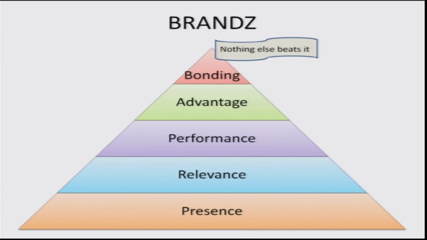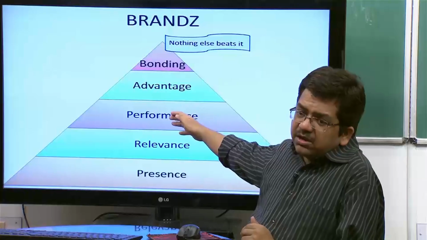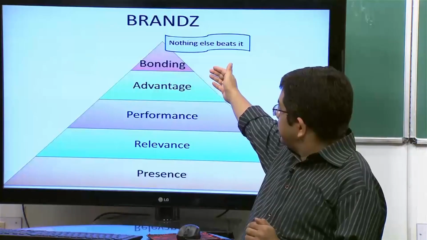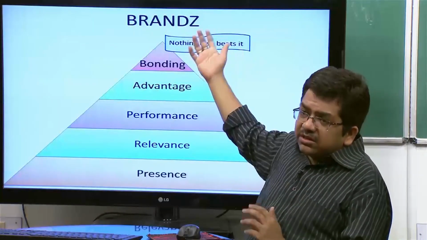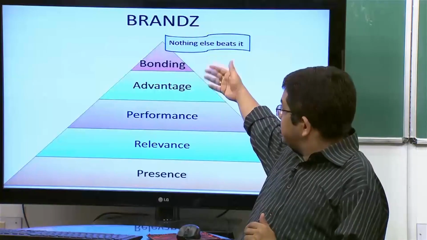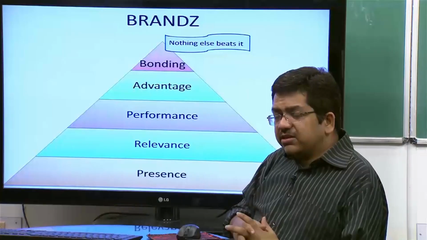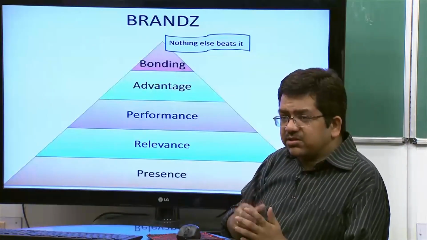When you are able to take the customer through these stages, the final stage of the relationship between customer and brand is that the customer will start believing that nothing else beats it. This kind of thing you will see in the customers of Harley Davidson, or the commuters of Singapore Airlines, or many other brands which have a great fan following.